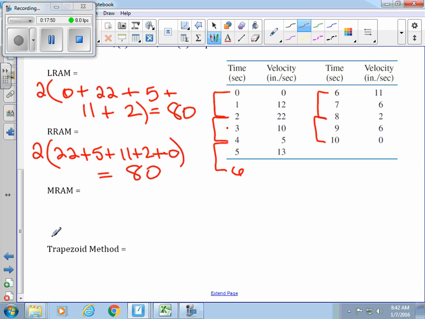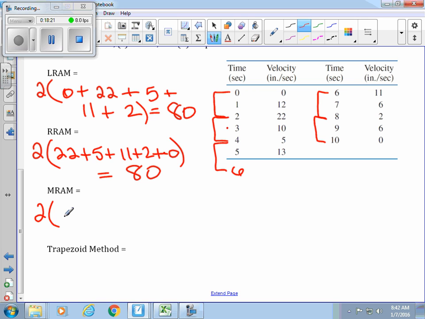Very common. Now, I am guessing this problem, wherever I got it from, was probably originally an MRAM problem. Remember when I told you when they choose MRAM problems, they make it nice for you? How is this one nice for MRAM? Because there is a midpoint, and it's easy to see.